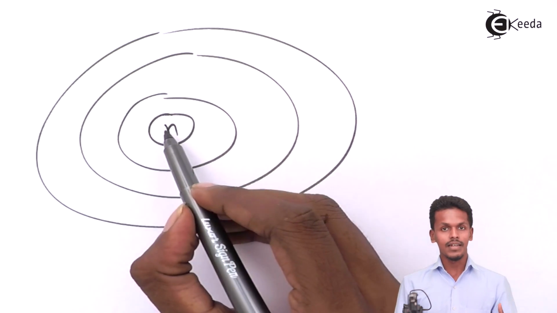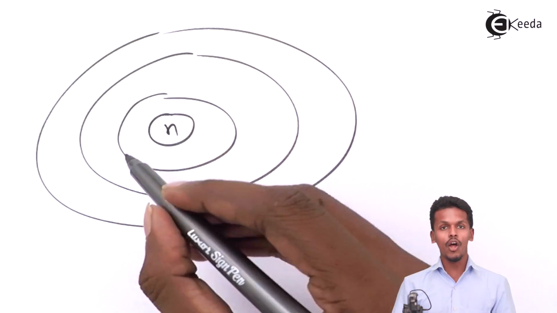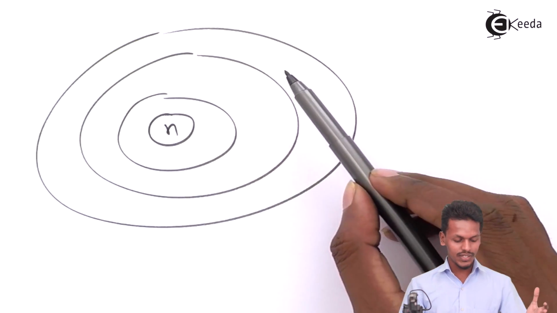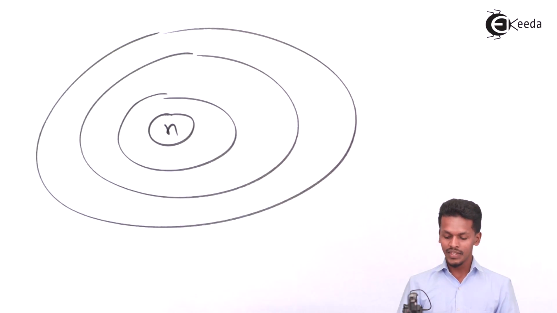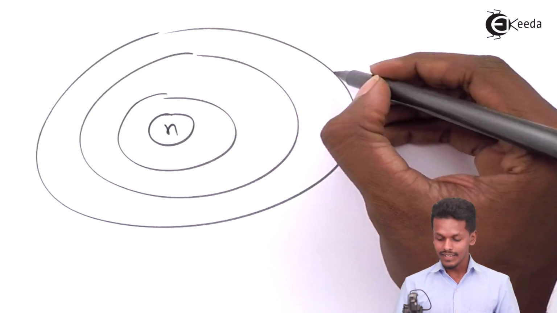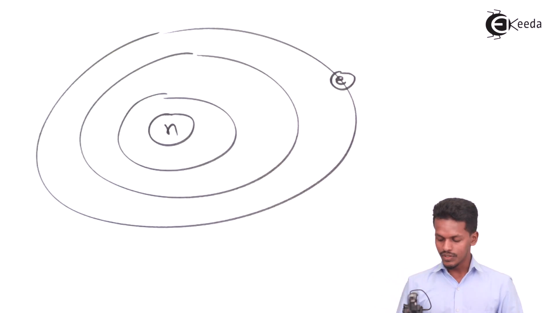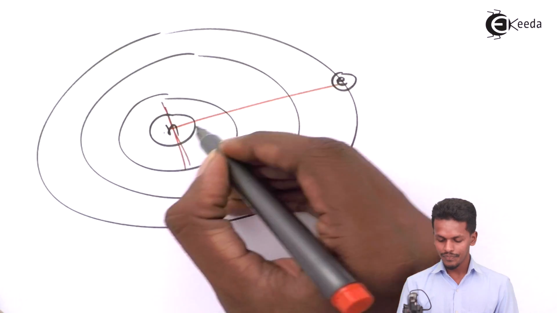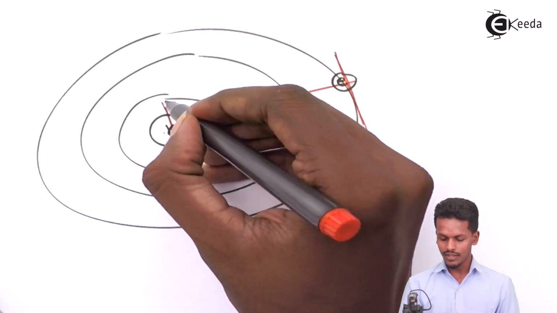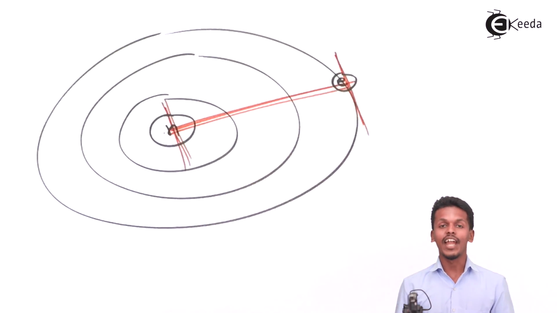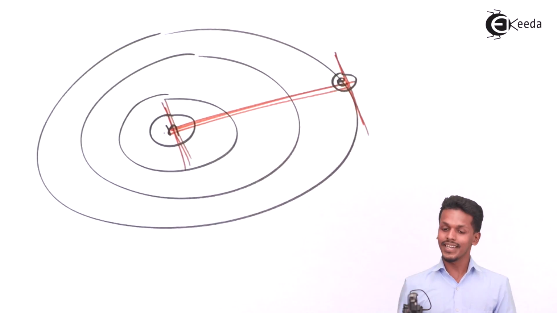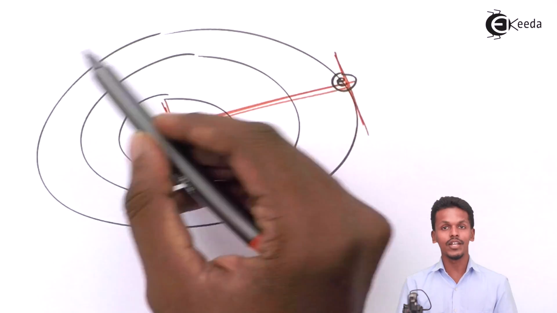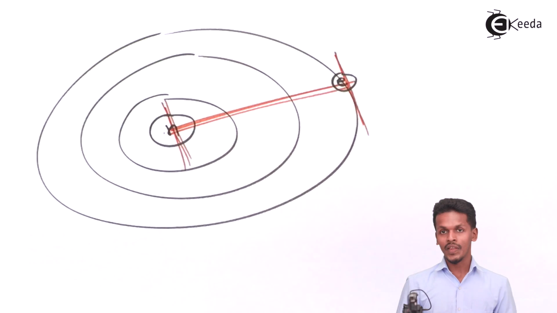The distance between the nucleus and the outermost shell, the valence shell that consists of an electron, is said to be the atomic size, or atomic radius. As you can see, this is nothing but the radius of this spherical atom.